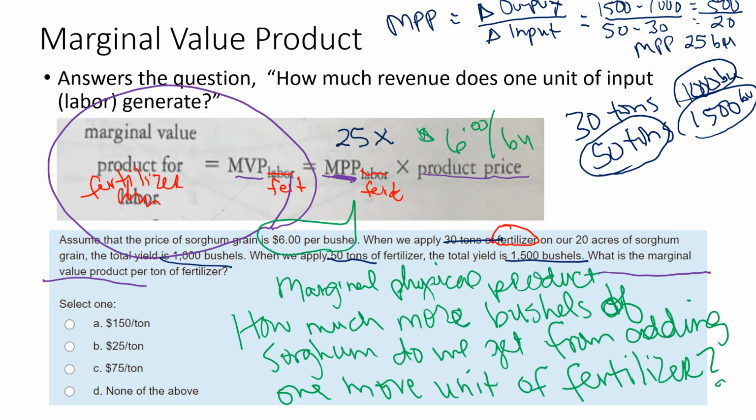So we have all the information we need. 25 times $6, because we're going to gain 25 more bushels of sorghum, and we're going to be able to sell that for $6. So 25 times 6 is $150 per ton of fertilizer.